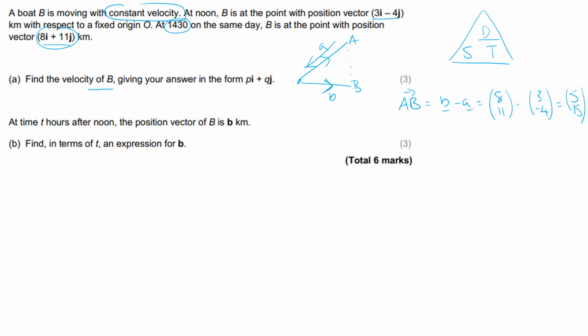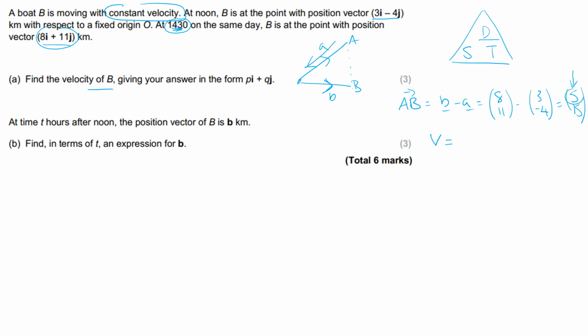So that is the distance, but it's taken us 2.5 hours to do that. So how do we find the speed? It's distance over time, and the fact that we've got it in i and j direction will give us the velocity because it's going to have size and direction. So the velocity is just going to be dividing both of these components by 2.5.